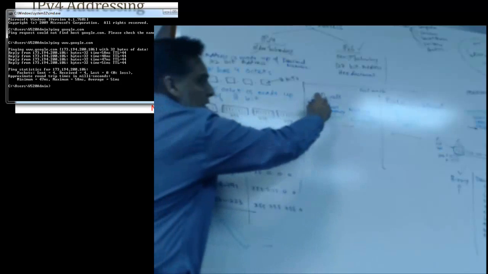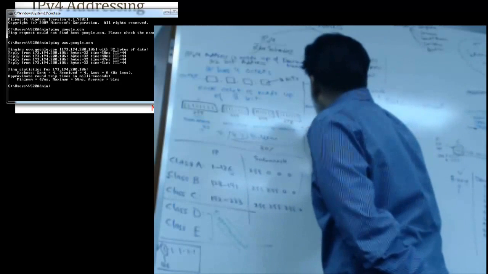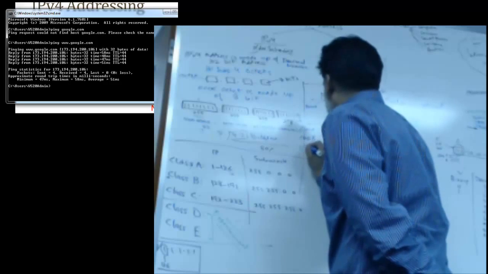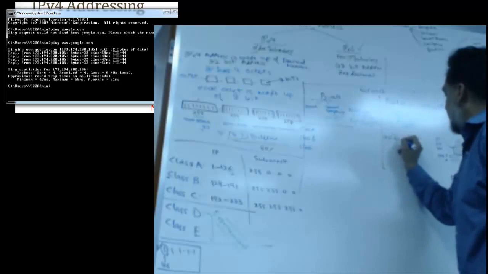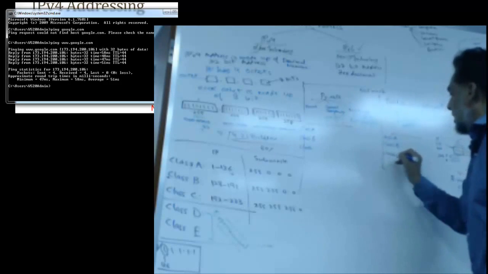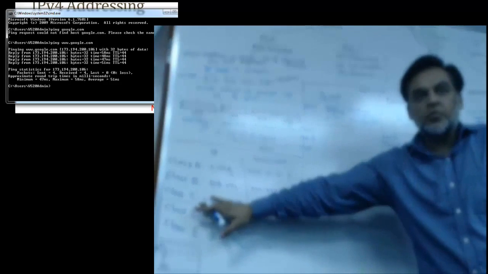Now, guys, these same classes exist in both private and public networks. This one is said to be the public network. So if I write here, class A, class B, and class C, and here also class A, class B, and class C. These numbers are for the public network.